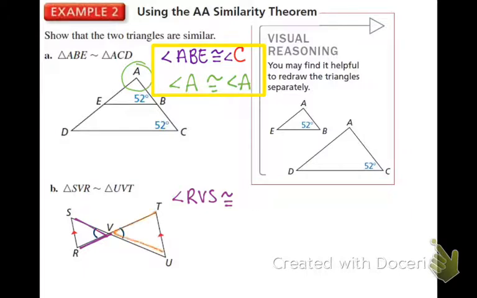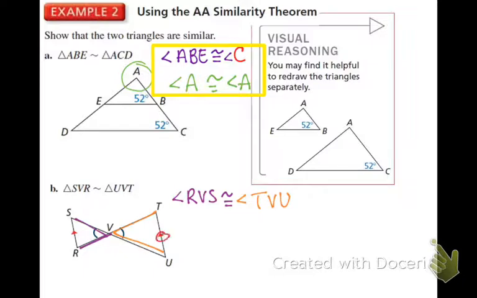All right, and Bryce, you're going to name the other angle, the one in orange. So when you say TVU, you're naming this angle. TVU. Sure, yeah, that's good. Perfect.